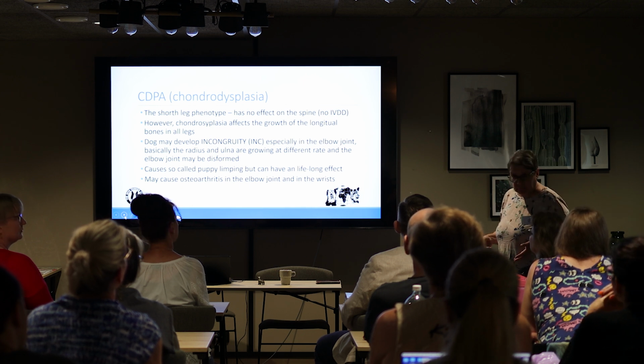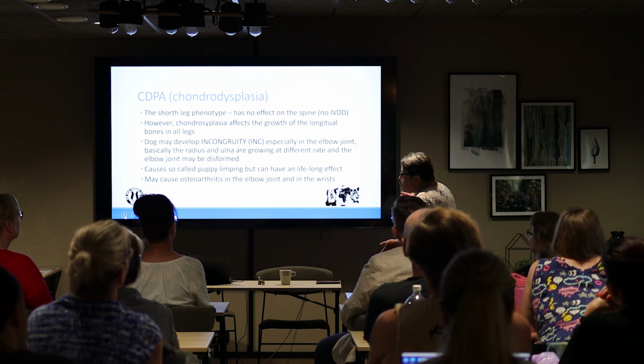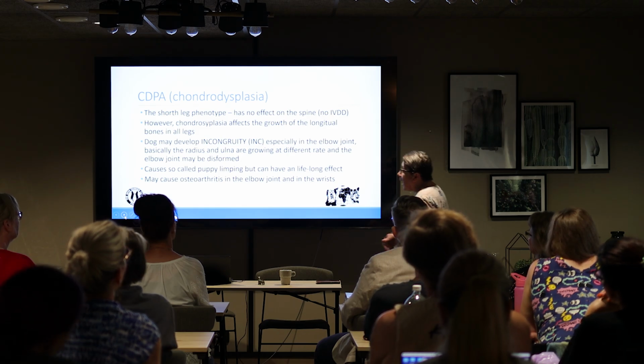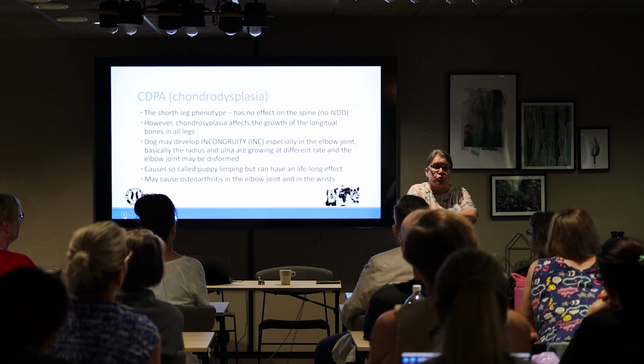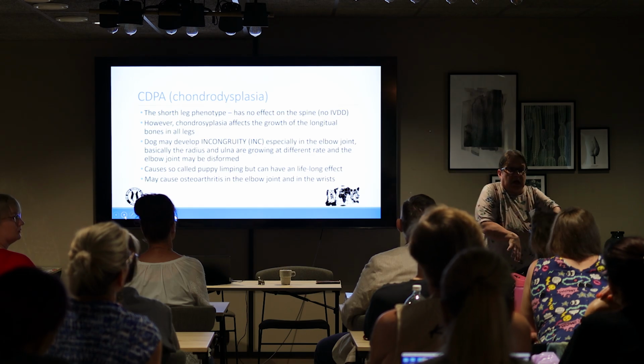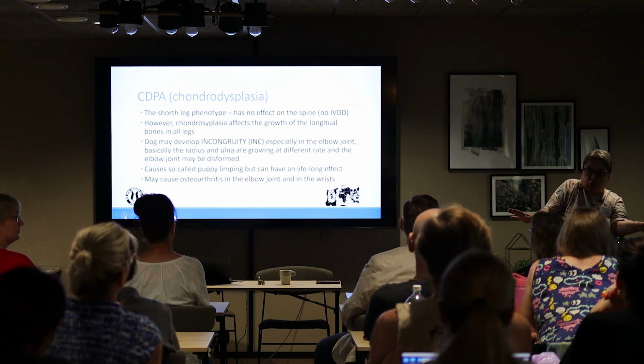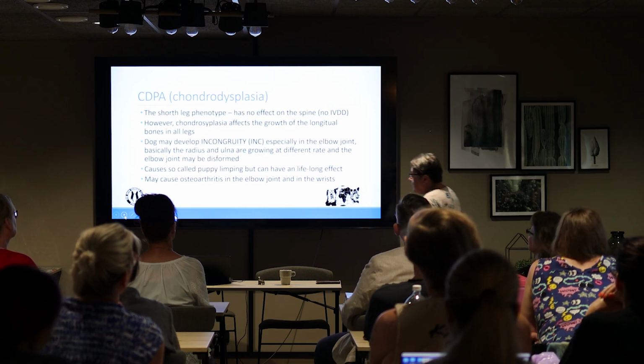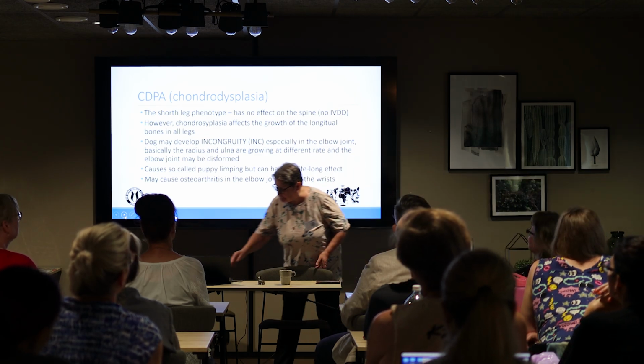It's not a dog's life. It may also cause osteoarthritis in the elbow joint and also in the wrists, because the wrists are many times also turned outwards quite drastically. It's because of this gene.